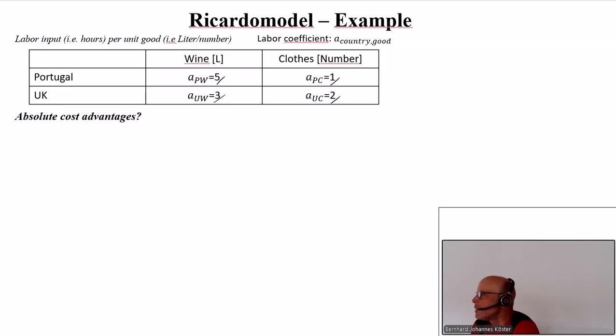This is, or to use Portugal and UK, this was also done 200 years ago by David Ricardo himself in order to explain his theory of comparative advantage. But of course, he interchanged who can do what better. And therefore, I ask here, who has an absolute cost advantage in producing wine? Let's start with wine.